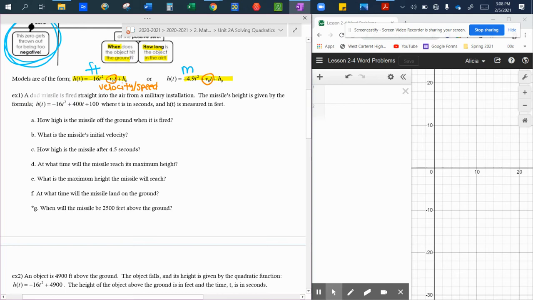Sometimes there'll be word problems where something is being launched on the surface of Jupiter or another planet, because this number is acceleration due to gravity. That has more to do with physics and is a little outside of what we're going to deal with in Math 2.